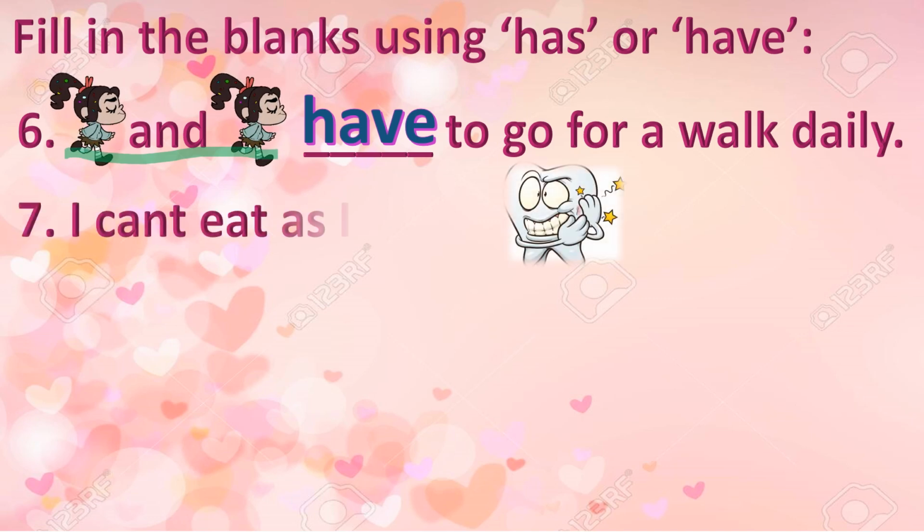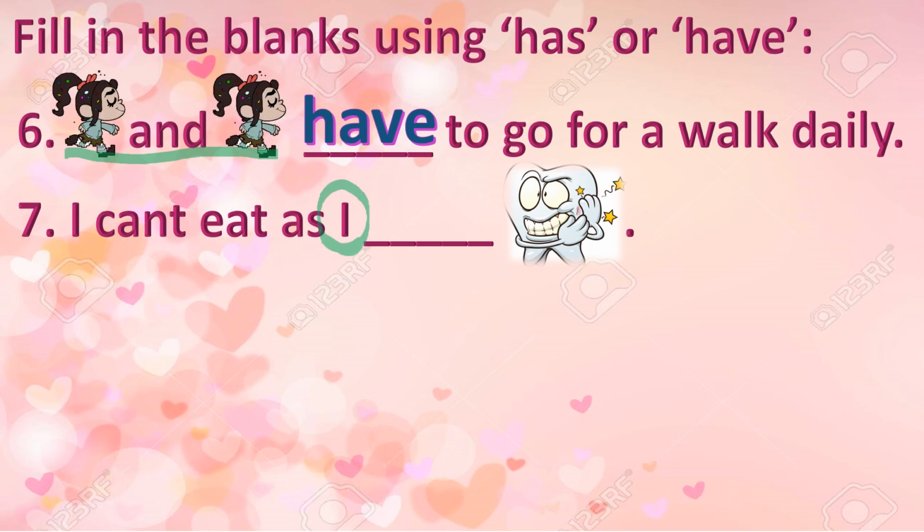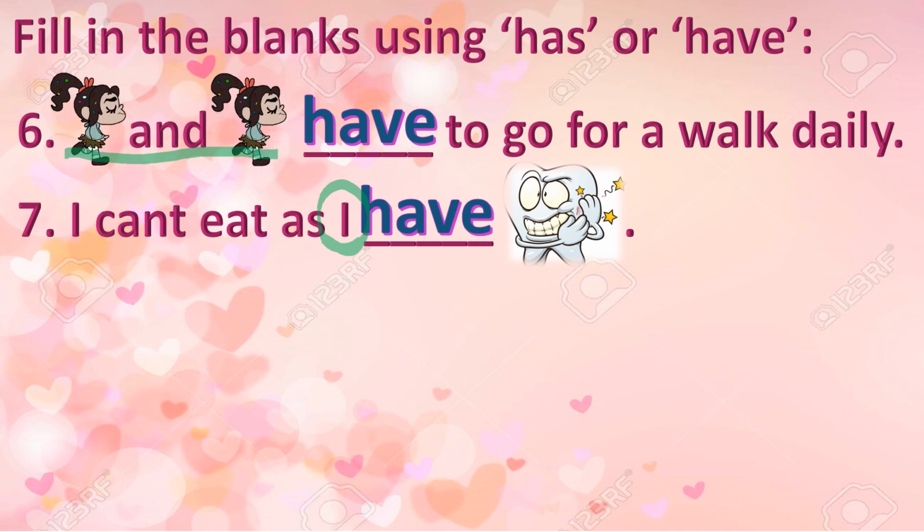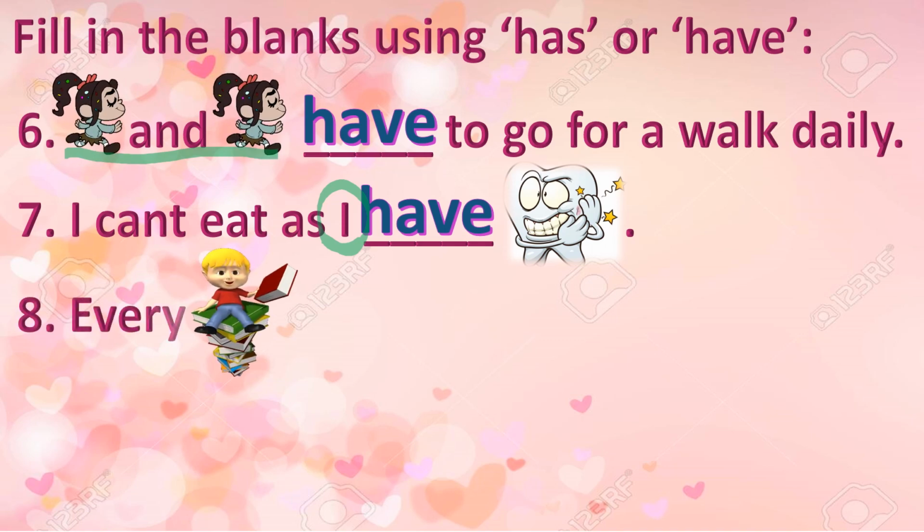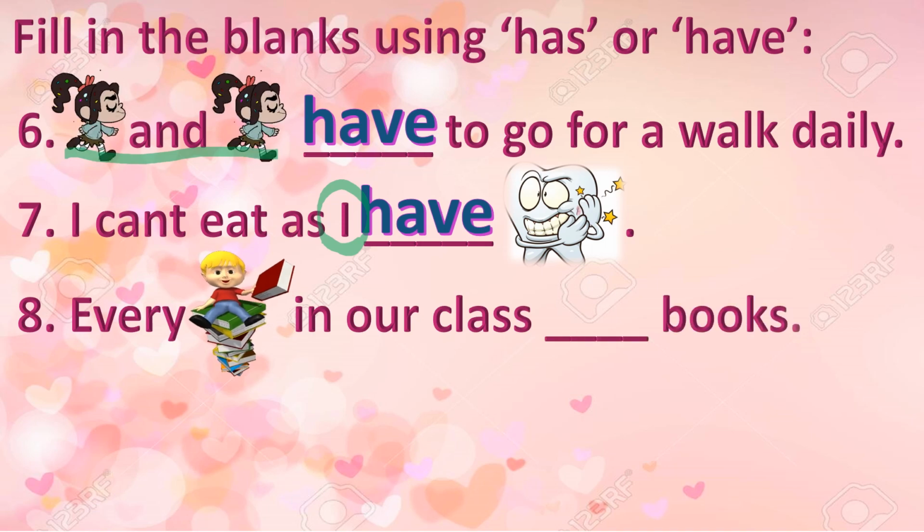Fine. I can't eat as dash a toothache. Now my subject here is I. So with I, I'll write the helping verb have. And you know, have here shows suffering. I'm suffering from a toothache.